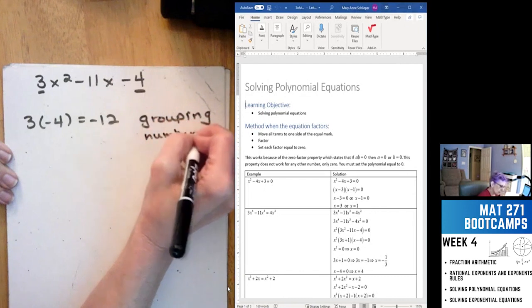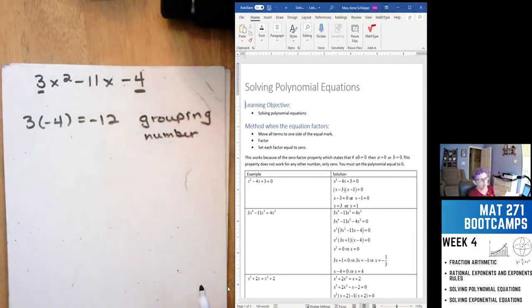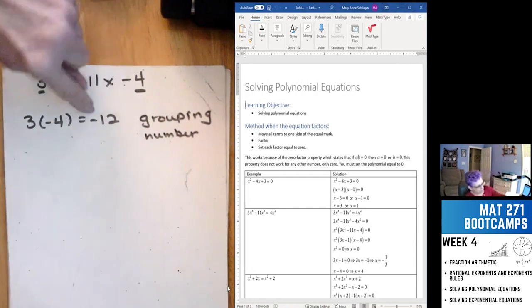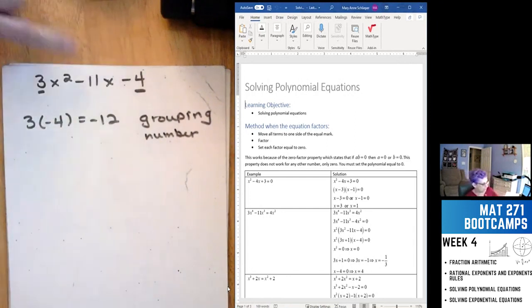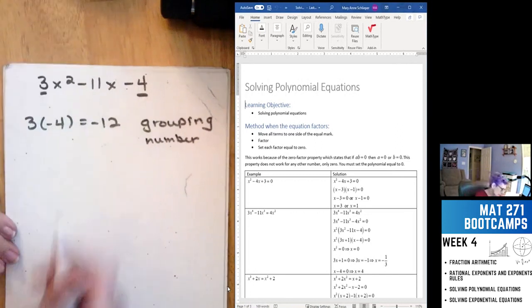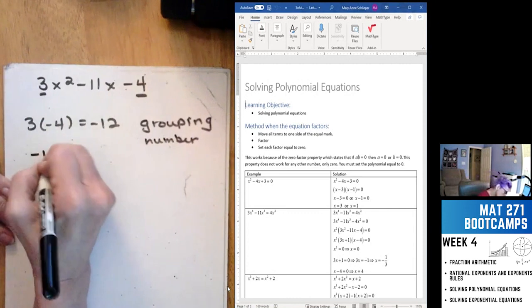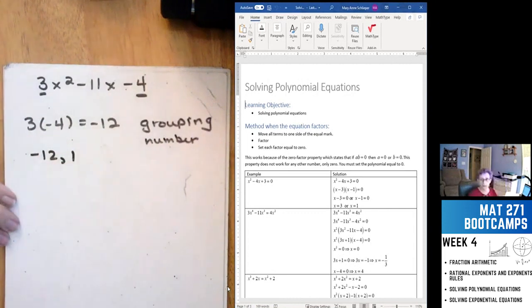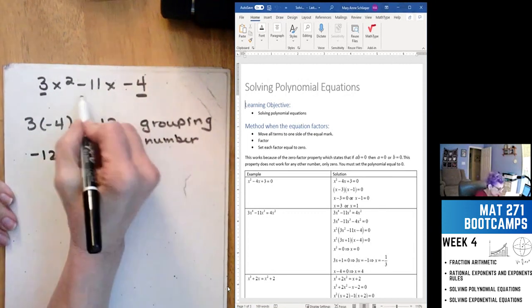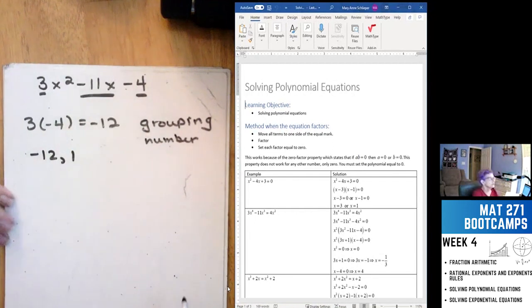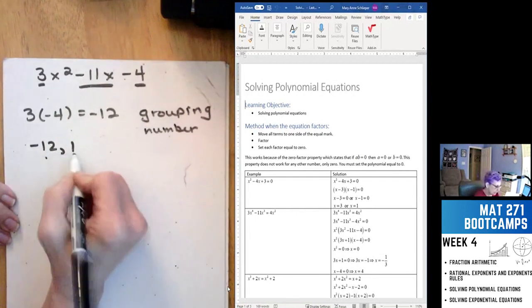And then we ask ourselves, kind of like on the first one, we said, what can we multiply and get 3 that adds up to -4? This time we want to multiply and get our grouping number that adds up to -11. Oh, that's easy. I can use -12 and 1. So I'm going to replace that -11 with -12 and 1.